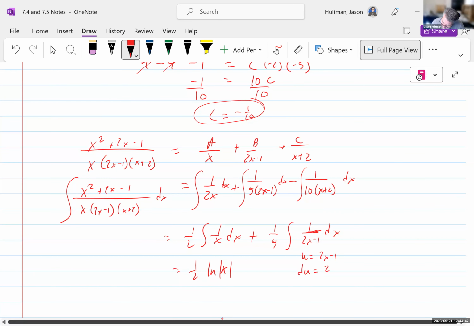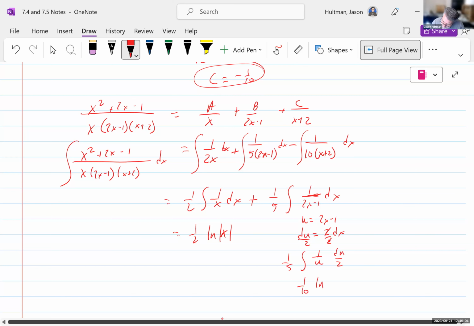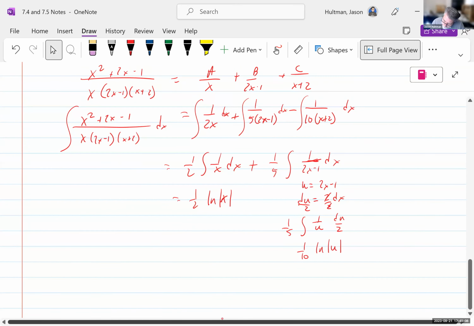So this is going to become 1/5 times the integral of 1 over u du over 2. So this just becomes 1/10. The integral of 1 over u is natural log of u, which ends up being plus 1/10 times the natural log of 2x minus 1.